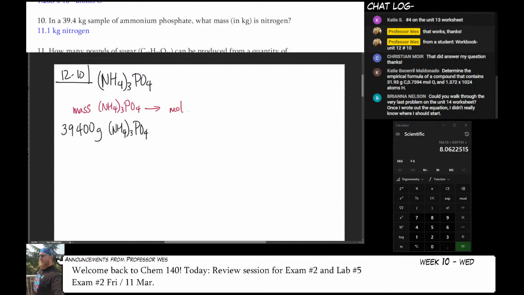So I'd say mass to moles of ammonium phosphate. And then we can figure out what part of that is nitrogen, and then we turn that into a mass of nitrogen as well. So let's get started.